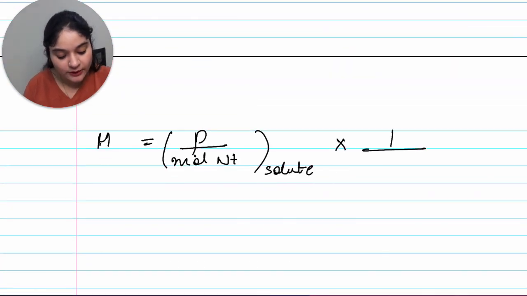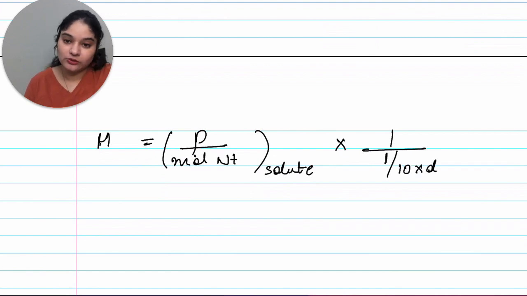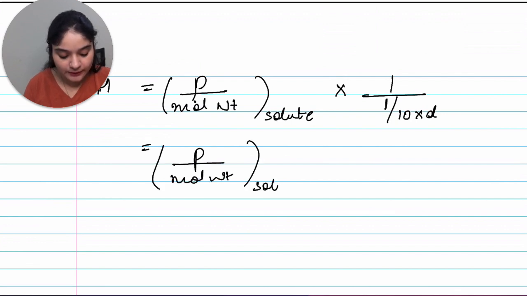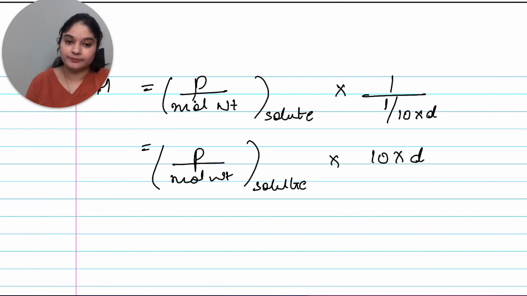So when I say 1 upon, and this was V, so this was 1 upon 10 times D, right? So this will go up in the numerator. So this will become P over molecular weight, this is for the solute, times 10 times D.